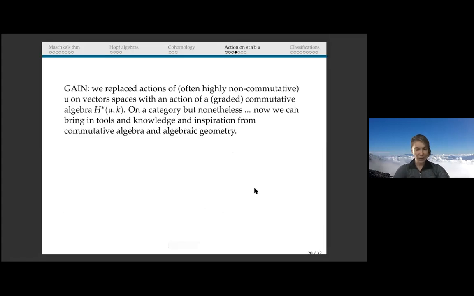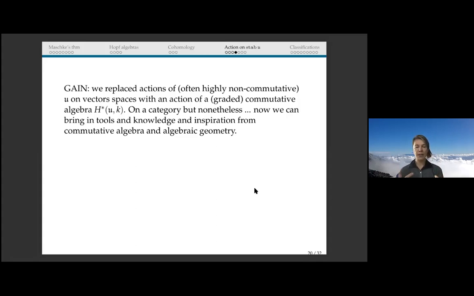Okay, so the moral of this is that by looking at cohomology and looking at how it acts, we can study our initial action, which is the action of a finite group or Hopf algebra, highly non-commutative often, on vector spaces, by now acting with this graded commutative algebra on the stable category.